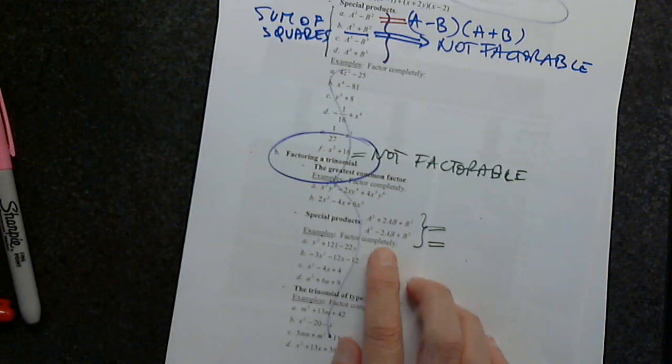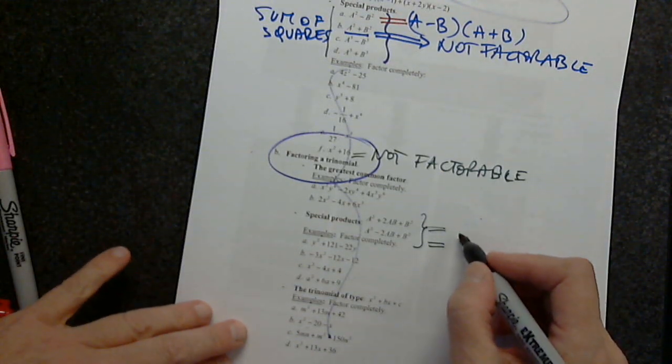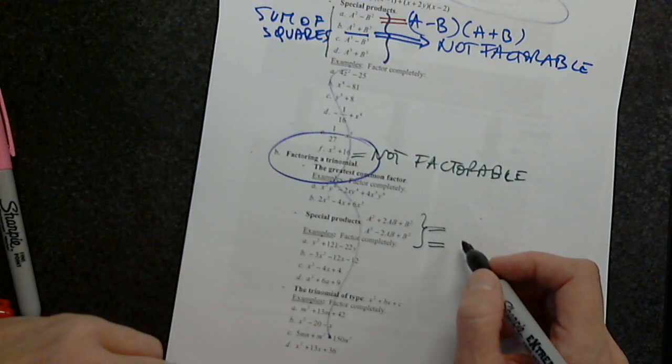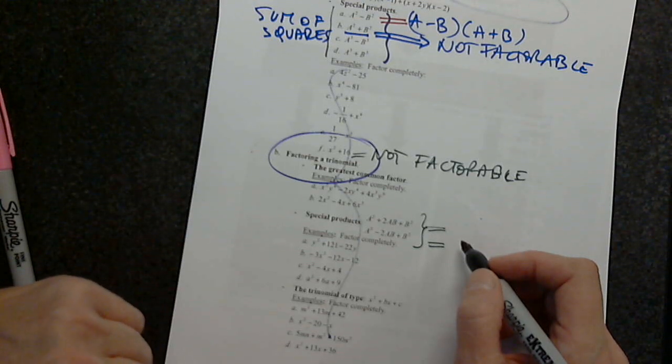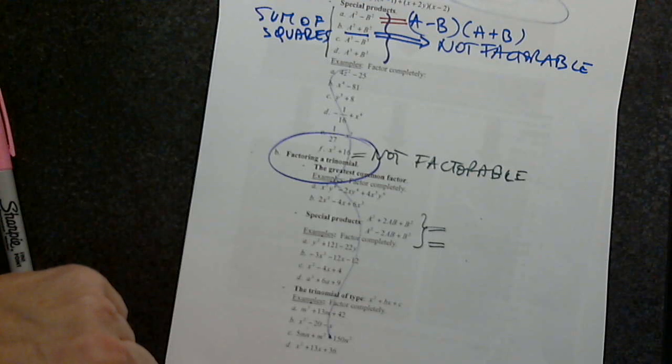So whenever I see a squared plus 2ab plus b squared, I know it's coming from squared. It's on the first handout that we worked on.